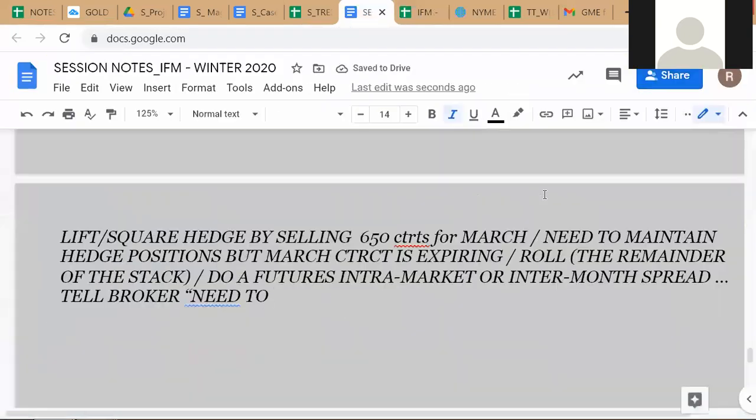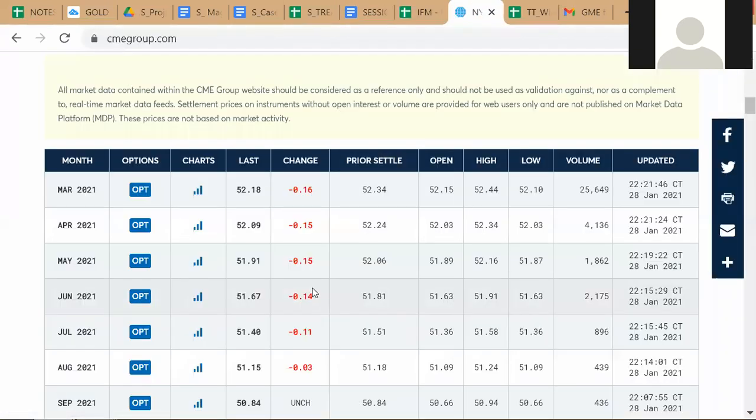Do a futures inter-month spread. What you do is you tell the broker, I need to, obviously. What are you going to do? You are long in March for 1310. You don't want the long position in March, but you want the long position in April. So the spread, remember, does not create a net position. You want the long position in April, so you need to buy for April.